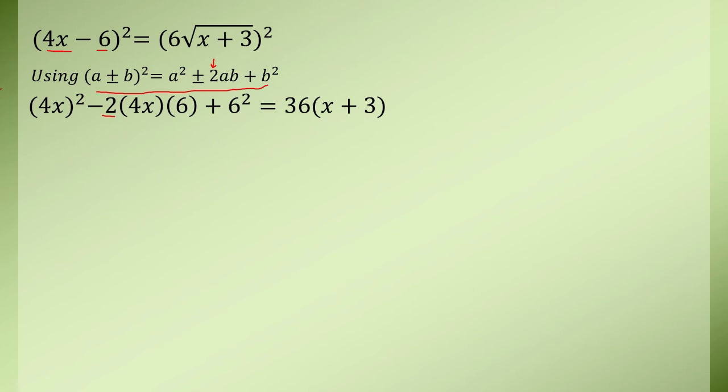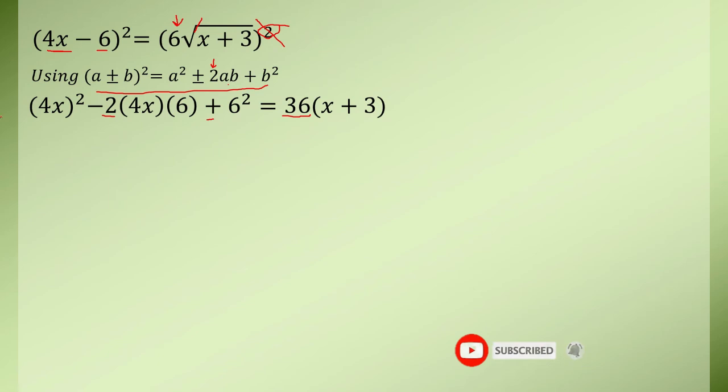You get an a times b, plus 6 squared. And now 6 squared is 36. And now you cancel this with these 2, and you get x plus 3.